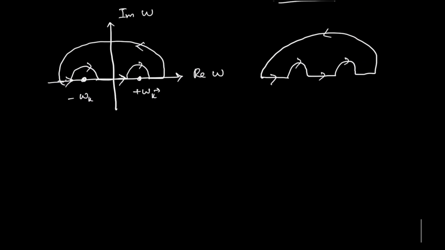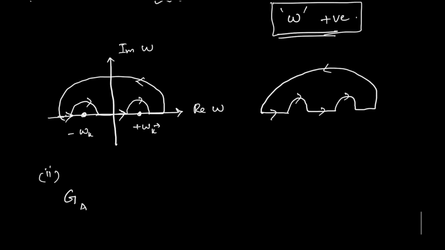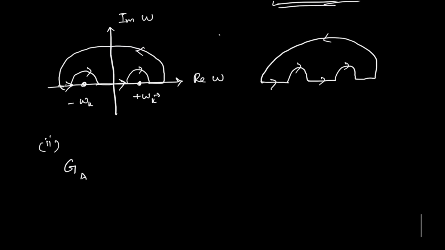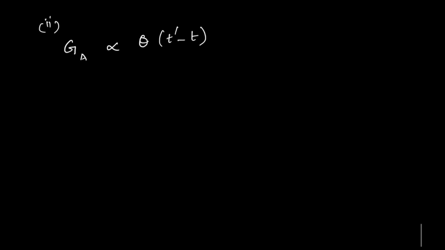Similarly, for the advanced function GA, this is the second solution. We have seen the first solution; the second solution is for advanced. We have seen that the advanced Green's function is proportional to theta of (t prime minus t). Here it was t minus t prime, but for the advanced function it is t prime minus t, which means t prime must be greater than t.